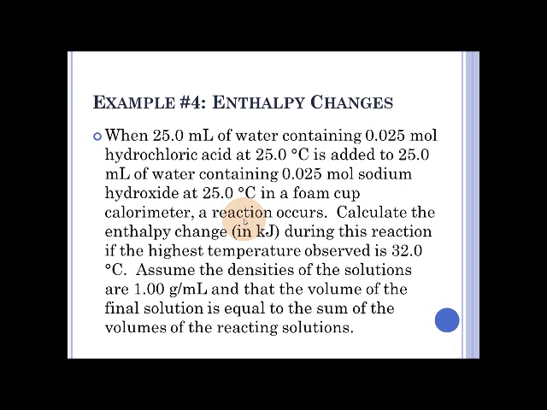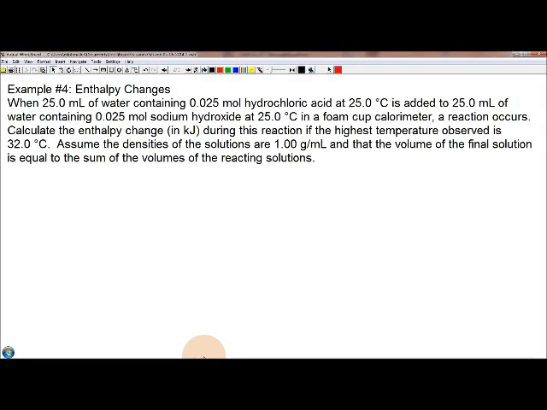Okay, so I'm going to help out with example 4, enthalpy changes. When 25 milliliters of water containing 0.025 moles of hydrochloric acid at 25 degrees Celsius is added to 25 milliliters of water containing 0.025 moles of sodium hydroxide at 25 degrees Celsius in a foam cup calorimeter, a reaction occurs.